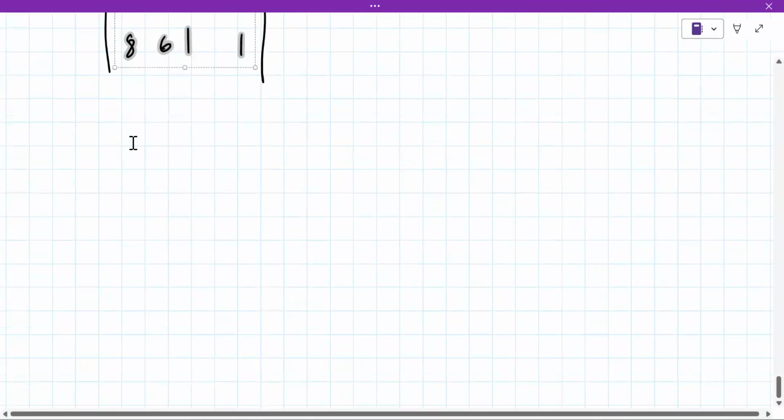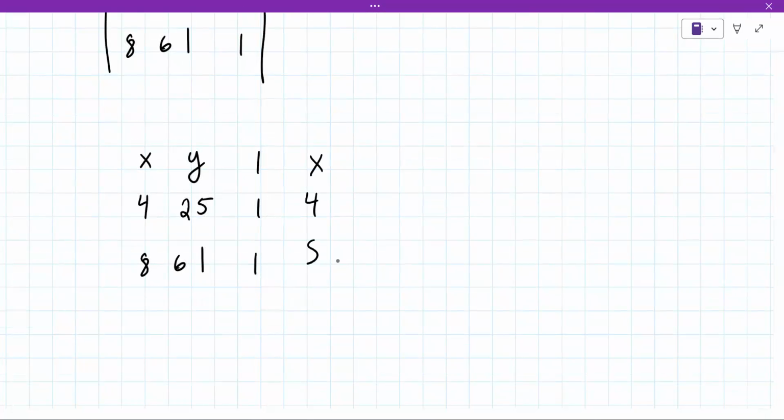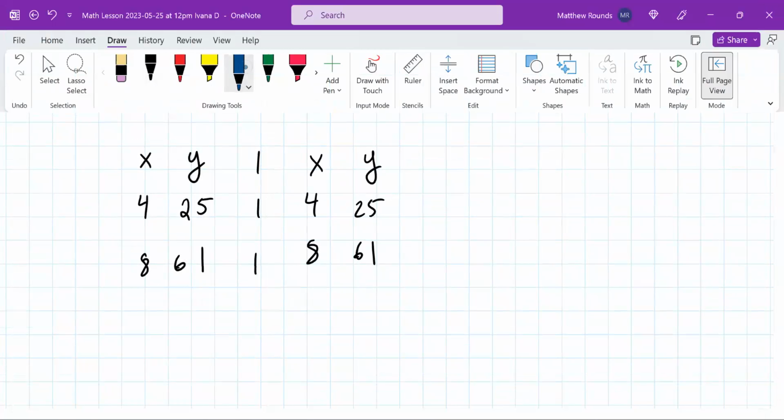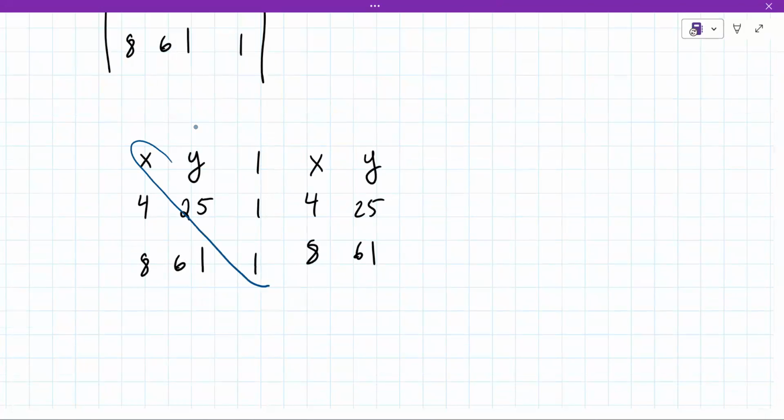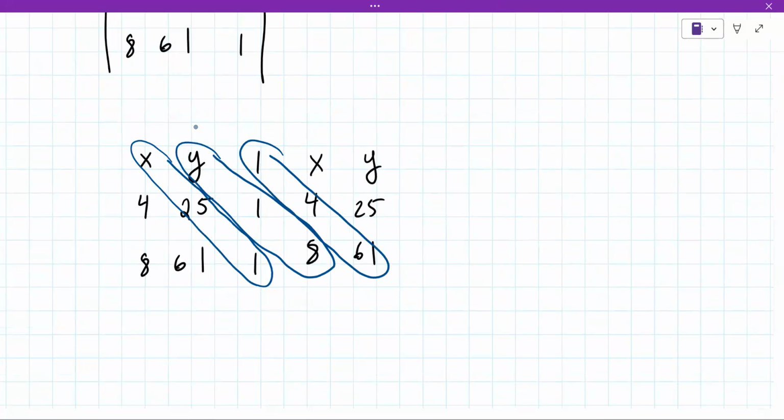numbers and we're finding the determinants. You have to rewrite the first column and the second column again. And if you aren't surprised, you're doing the same thing again here. This is 25x.